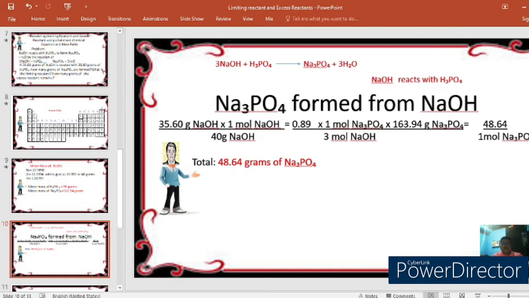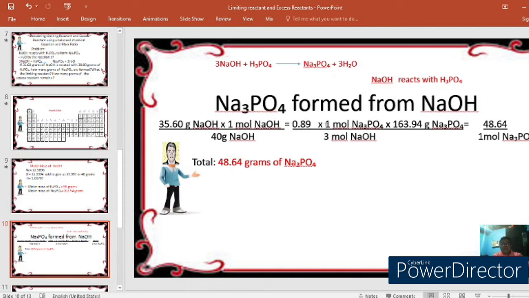The 35.60 is coming from our problem, while the 1 mole is because sodium hydroxide has a coefficient of 1. 40 grams is the molar mass of sodium hydroxide. So this is equivalent to 0.89.